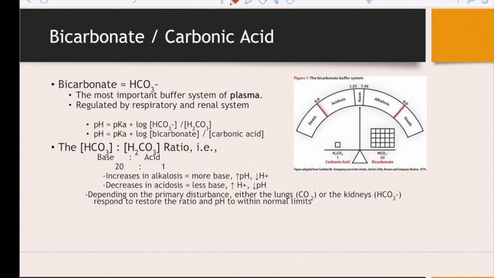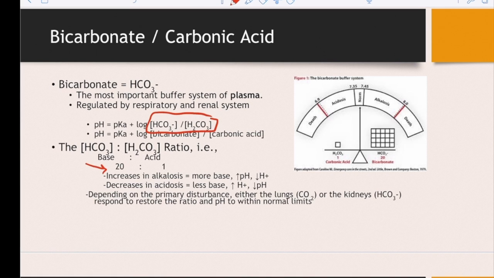And this ratio here of the concentrations of HCO3 over H2CO3, so the conjugate base and its weak acid, we like to keep that ratio at 20:1. That's really important to note. 20:1 is where we like to keep that ratio, so more base than acid.